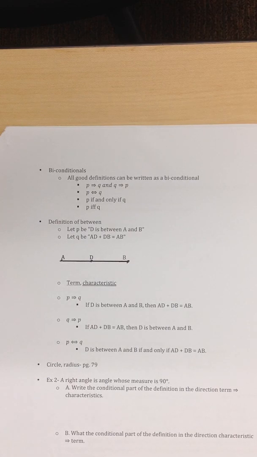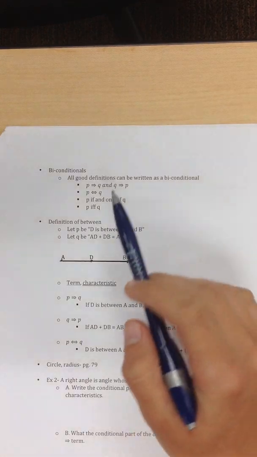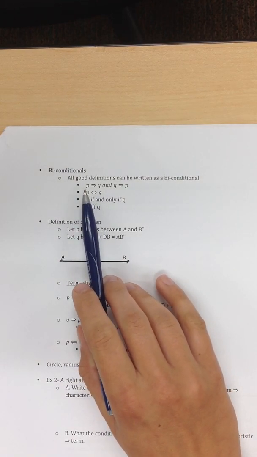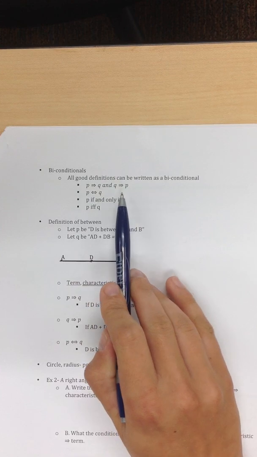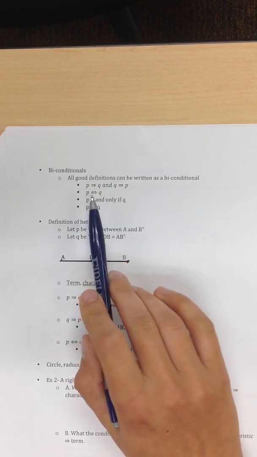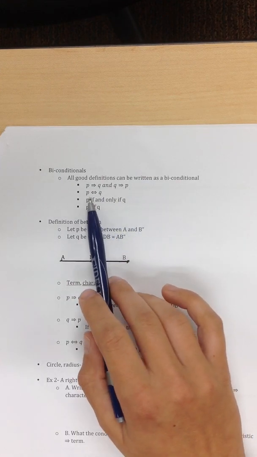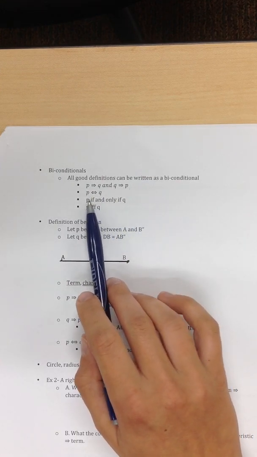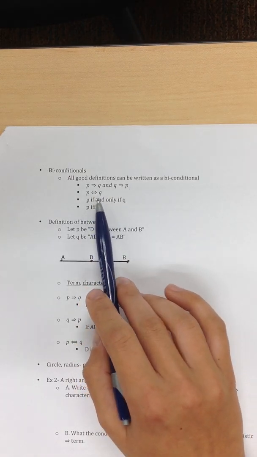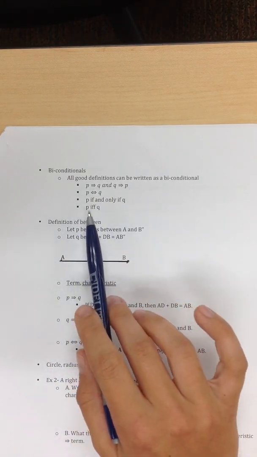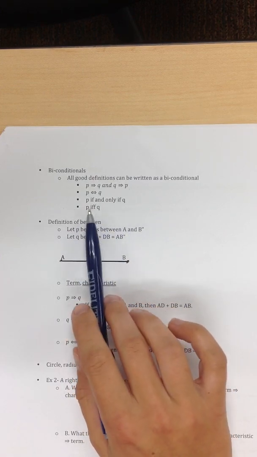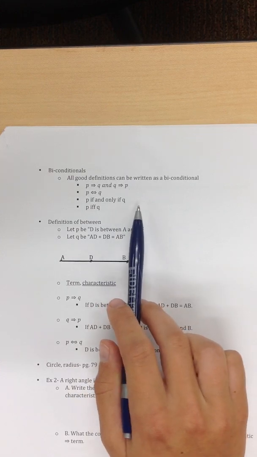Okay, different ways we might see biconditionals. What they're saying is it's true that if we go in the direction P, then Q, and also Q, then P, both of those halves are true. We can also write that with a double arrow, so P, and then the double arrow stands for if and only if Q. Sometimes they write out the words if and only if, so the first half of the statement, if and only if, then the second half of the statement.